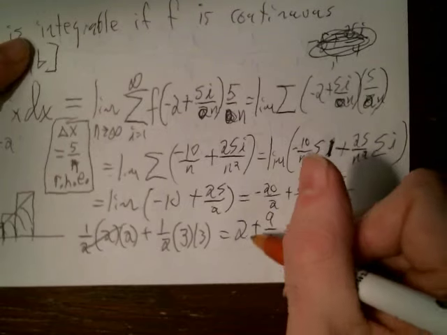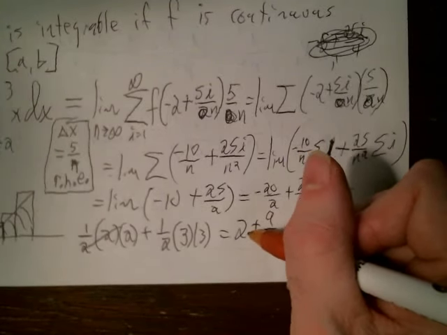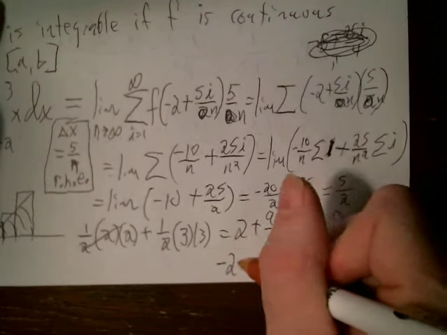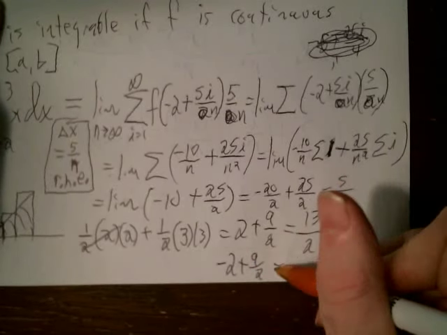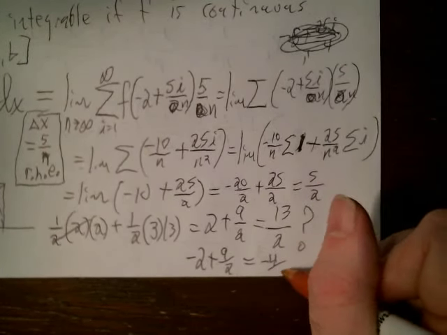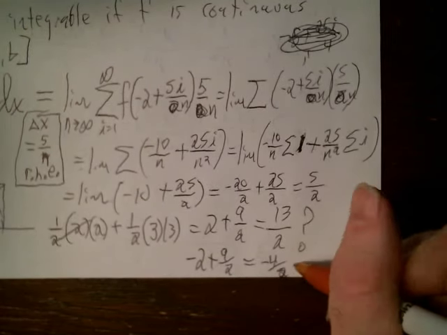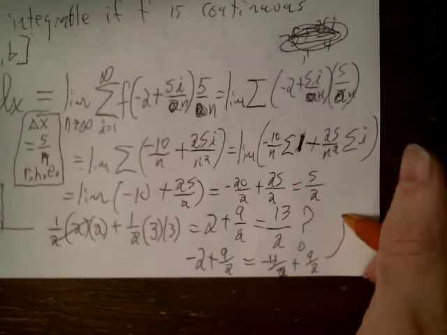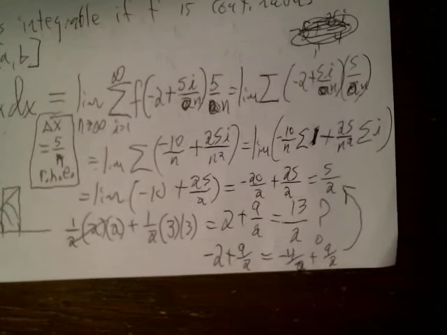So in particular, on the left-hand side of 0, you would have -4 halves plus 9 halves, which of course then is the 5 halves that we got. Okay, so you'll see in definitions or theorems, for example, 5.5, you have to have that requirement of non-negativity for area.